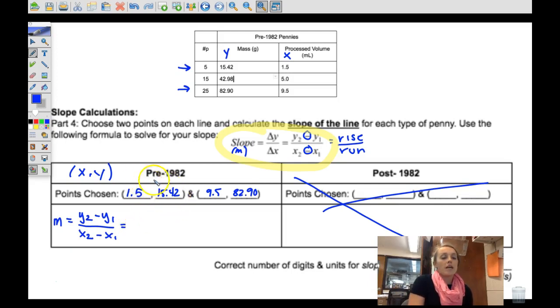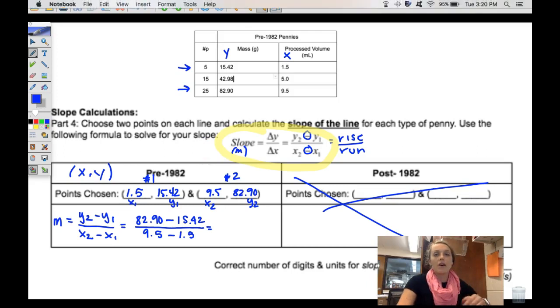Because this is coming first in my graph going from left to right, this is point number 1 and this is point number 2. So I'm going to be taking my y2 coordinate, which is 82.90, and I'm going to subtract from my y1, which is 15.42. Then I'm going to divide it by my x2 coordinate, which is 9.5, minus my x1 coordinate, which is 1.5.